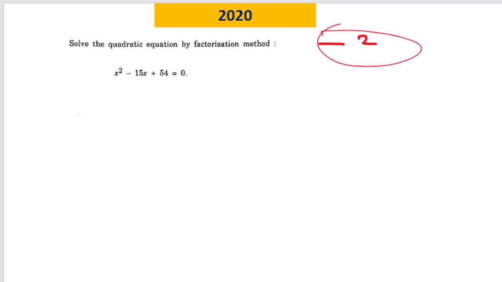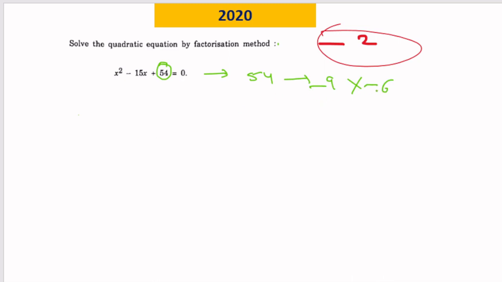Next question, solve the quadratic equation by factorization method. 2 marks. I hope you know how to solve by the factorization method. We have to get factors such that the multiplication is equal to positive 54 and the sum is -15. We know that 9 into 6 is 54, but we need -15, so I can say -9 and -6.